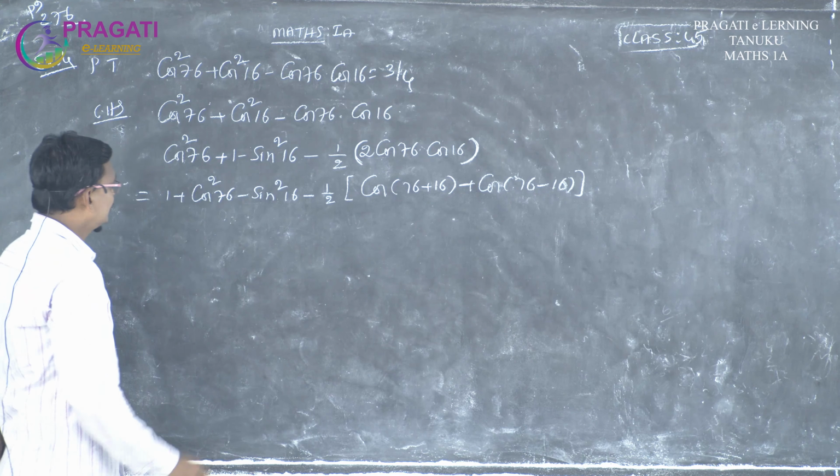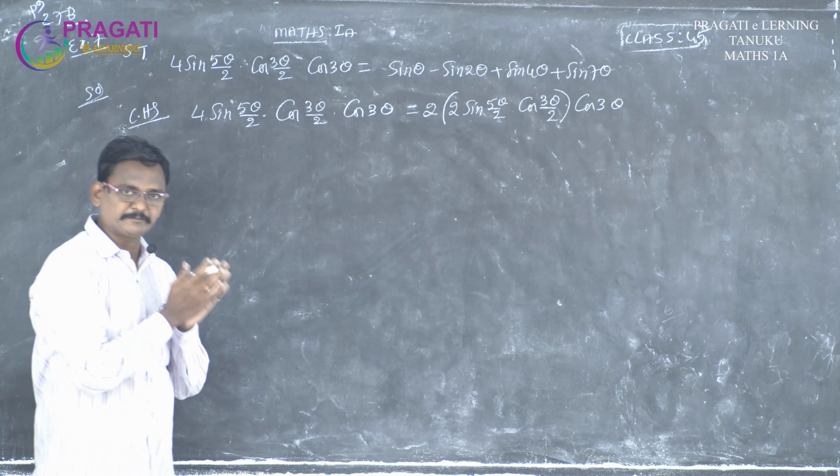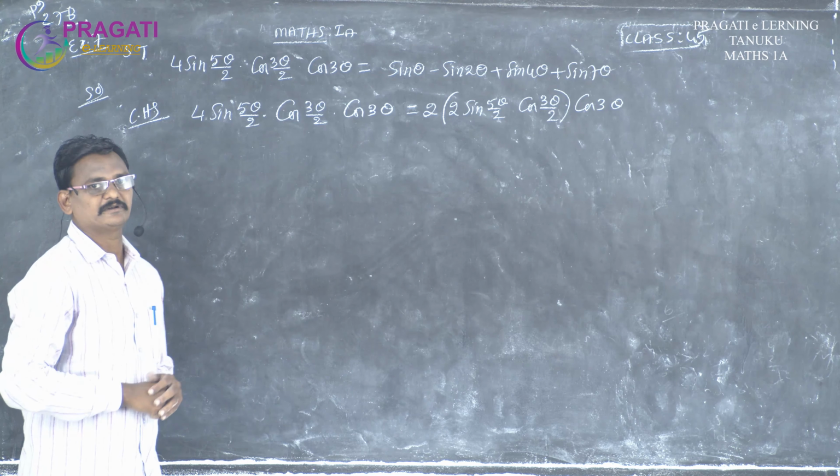That means 2 · 2 sin 5θ/2 · cos 3θ/2 and again cos 3θ, and this is indicated in brackets because the bracket term represents one of the formulas.